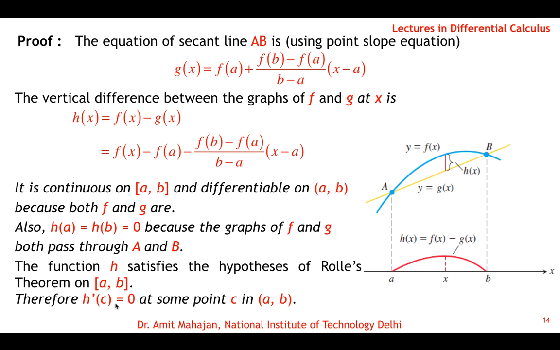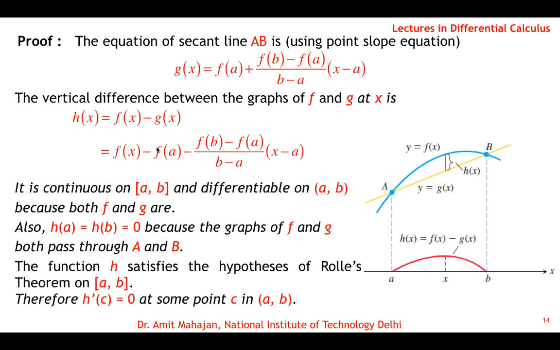Now we can use this. If we calculate the derivative of h from here, and then put x as c and use this equation, I can calculate my mean value result. So let us calculate h'(x), which will be equal to f'(x).